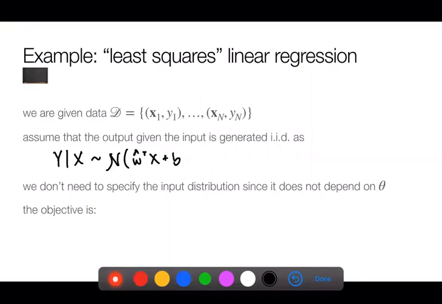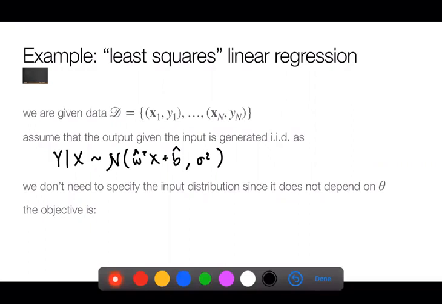Again, we're using hat here to denote some true underlying value of the parameter that we don't have access to, so we're trying to estimate it instead. So the mean of my output given my input is a linear function on the input, and then it has some variance sigma squared attached to it. This is also a true parameter value, but it's not something that we're going to try to estimate, so we don't really care about it too much.